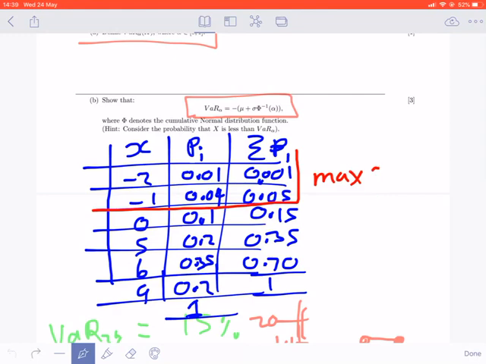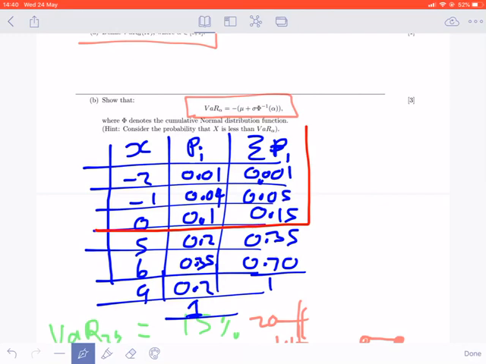Now, perhaps I change the question and ask what is VaR at a 10% significance level. The 10% falls somewhere here, and we want the maximum value among -2, -1, and 0. The maximum would be 0. So your VaR at a 10% significance level is just 0.